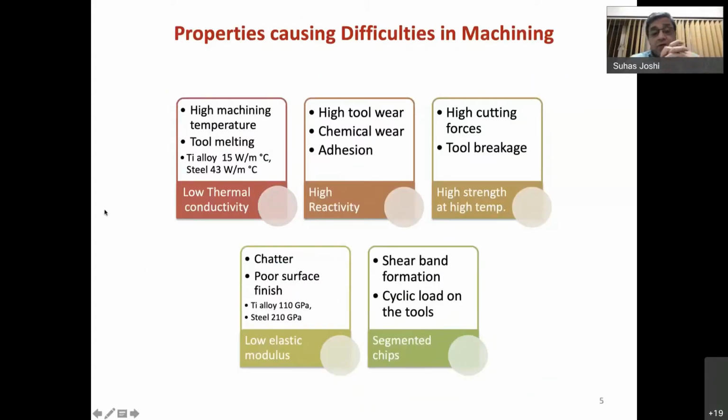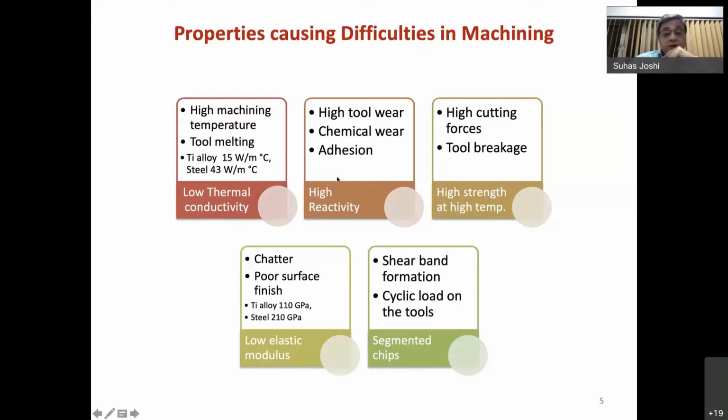Their properties are causing difficulties in machining. These include their low thermal conductivity. Though they have high strength, their conductivity is low, and that causes the problem of heat accumulation during the machining process, and the tools get melted or react heavily.